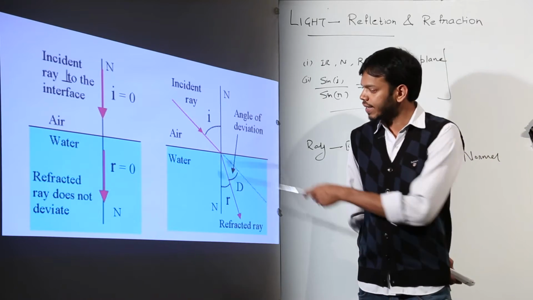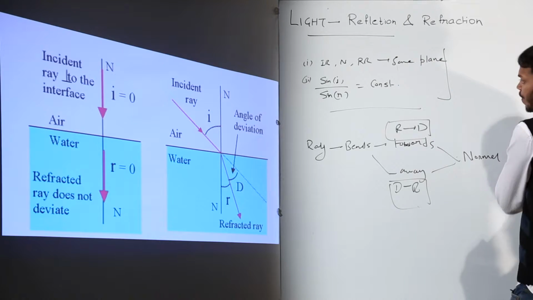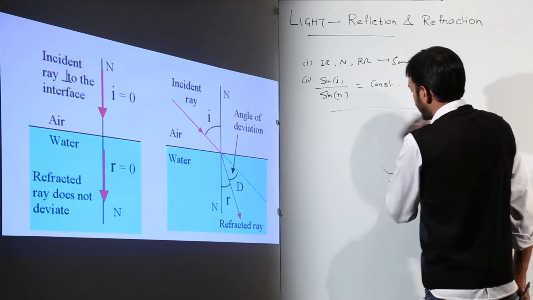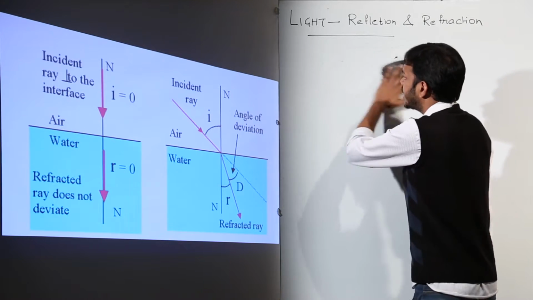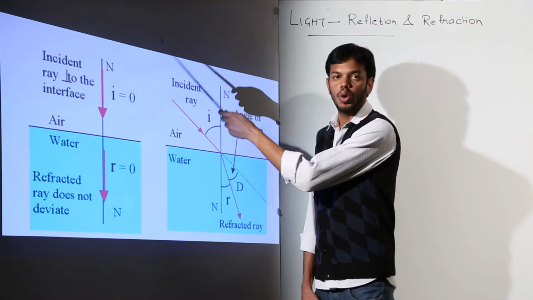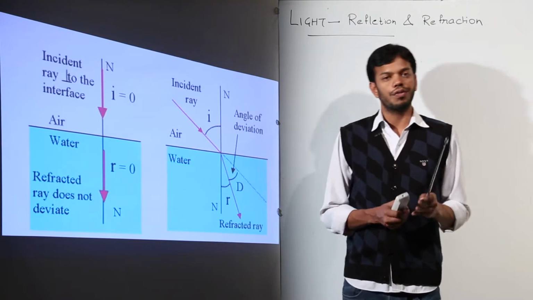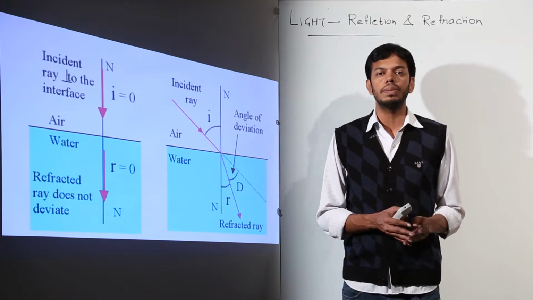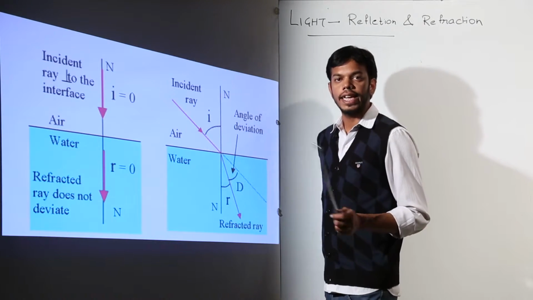This can actually be explained in two ways. If I am saying that whenever light changes its medium, light gets refracted according to the laws of refraction, and now I am contradicting that by saying that if the light ray is going along the normal there is no refraction. Actually, refraction is there, but it is not visible because the ray is refracting in its own plane.